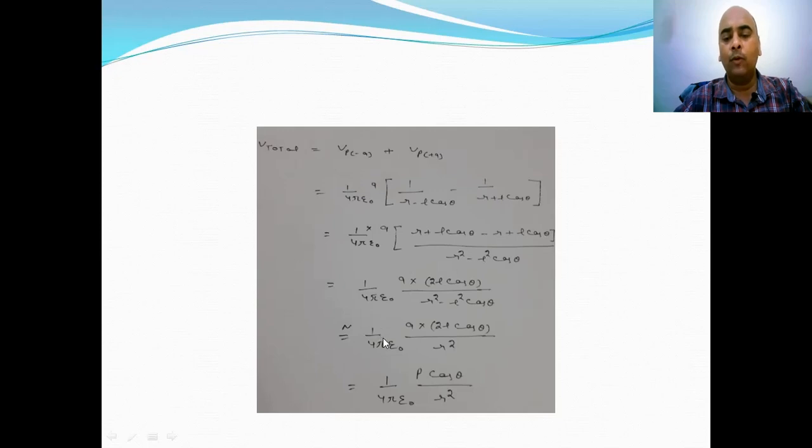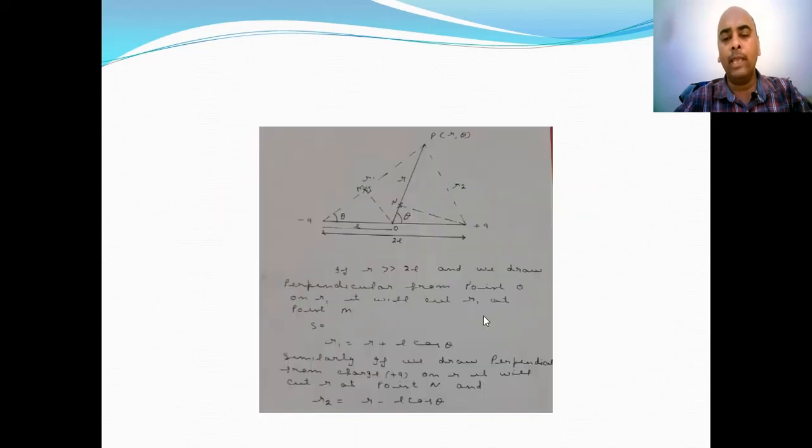simplifying we obtain that the potential is 1 upon 4 pi epsilon naught q into 2l cos theta divided by r squared minus l squared cos squared theta. We have already made the assumption that r is much greater than 2l.